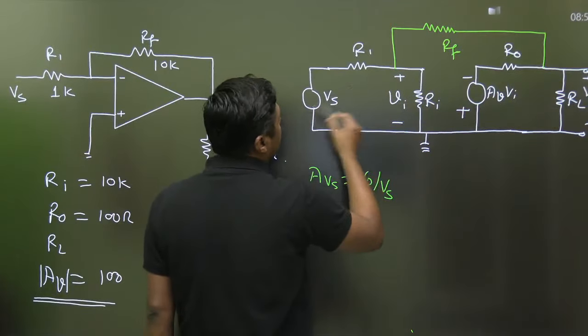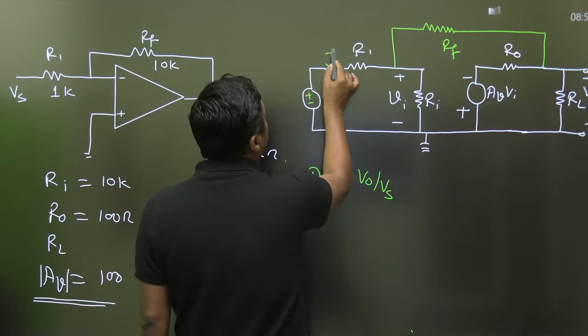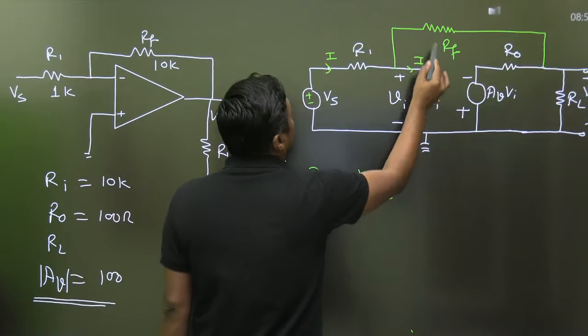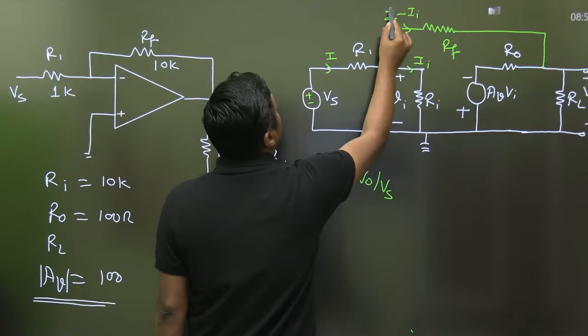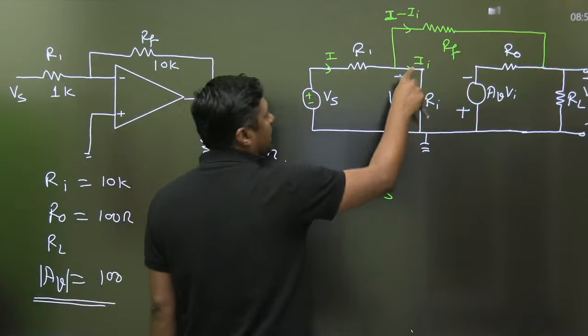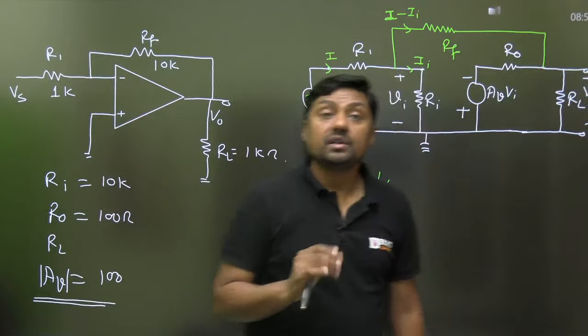Let this be the current I, which is divided into two parts. Let this be Ii, so it will become I minus Ii. What is Vi? Vi is nothing but Ii into Ri, and in this way we can find the gain.